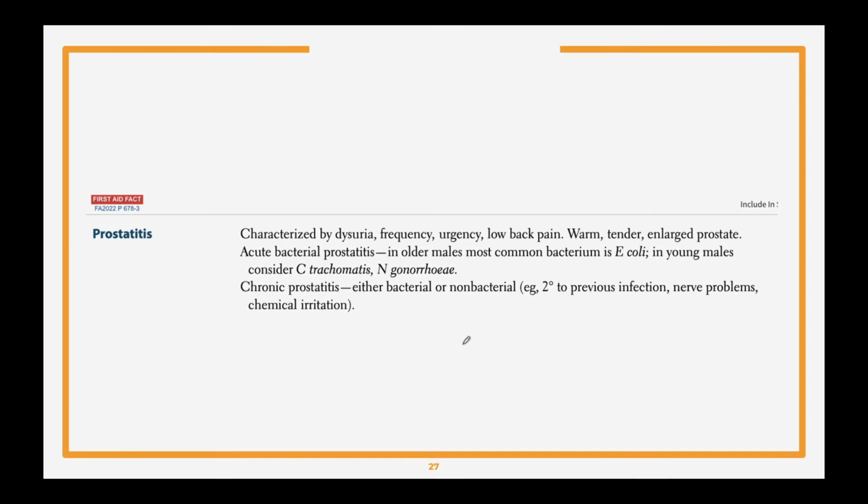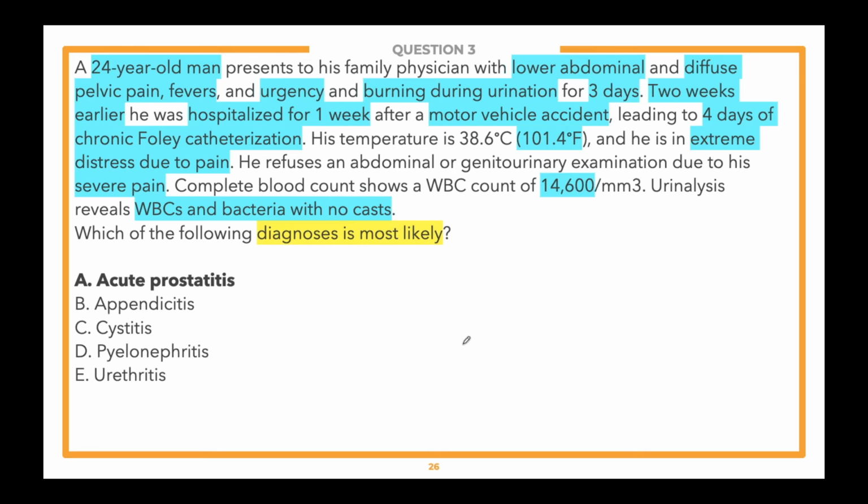Let's go through those. Urethritis could present with dysuria and white blood cell counts, but not with back pain. You wouldn't have back pain and you wouldn't really have a fever. We'll come back to pyelonephritis.